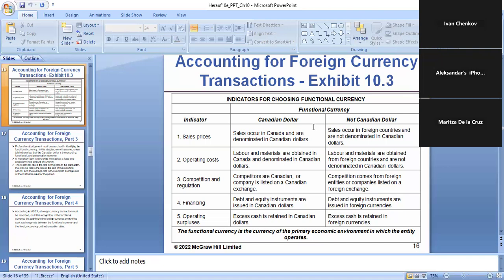If debt and equity come from Canada in Canadian dollars, the Canadian dollar is the functional currency. If debt and equity instruments are issued in foreign countries, non-Canadian, it is not. And the last one here, operating surpluses. If excess cash is retained in Canadian dollars, that's functional. If excess cash is retained in a foreign currency, so we keep all the cash and everything in a currency other than Canadian, then the Canadian dollar is not the functional currency.